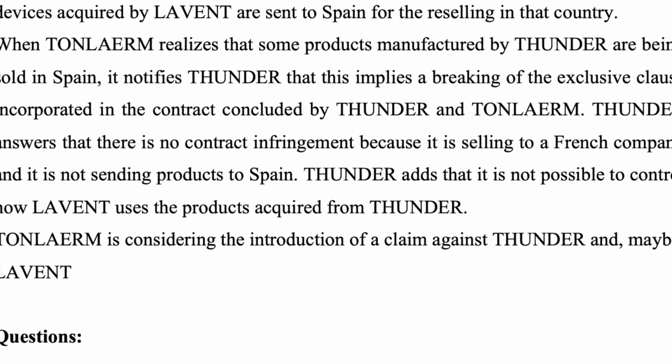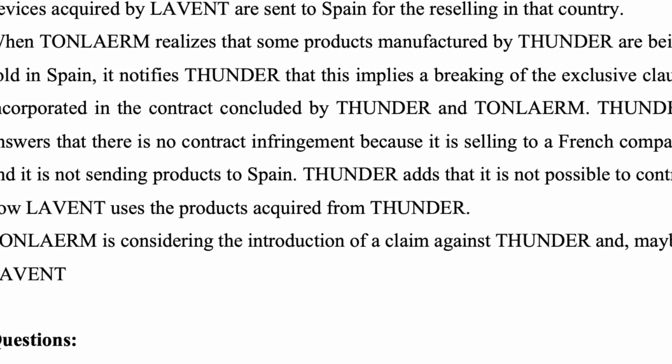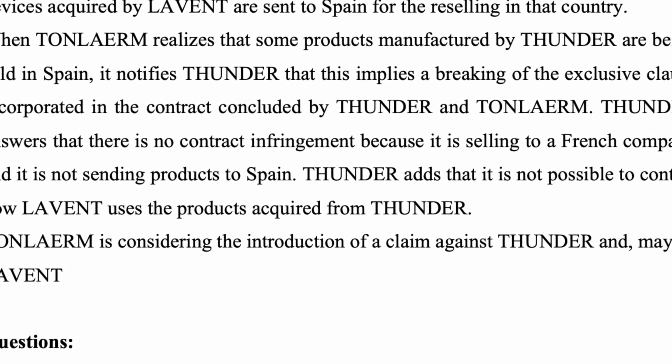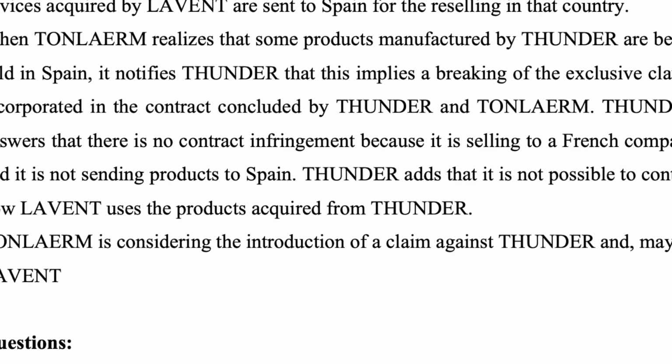Even in the case that there is a contract, it's possible to have an extracontractual, non-contractual torts claim. We are not going to enter now in this, but it's possible to have a claim based on unfair competition, even between Ton Laherm and Thunder.